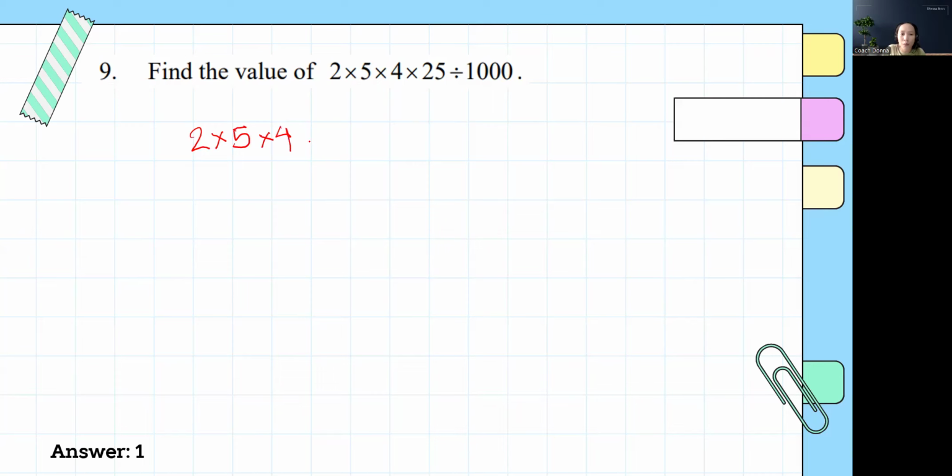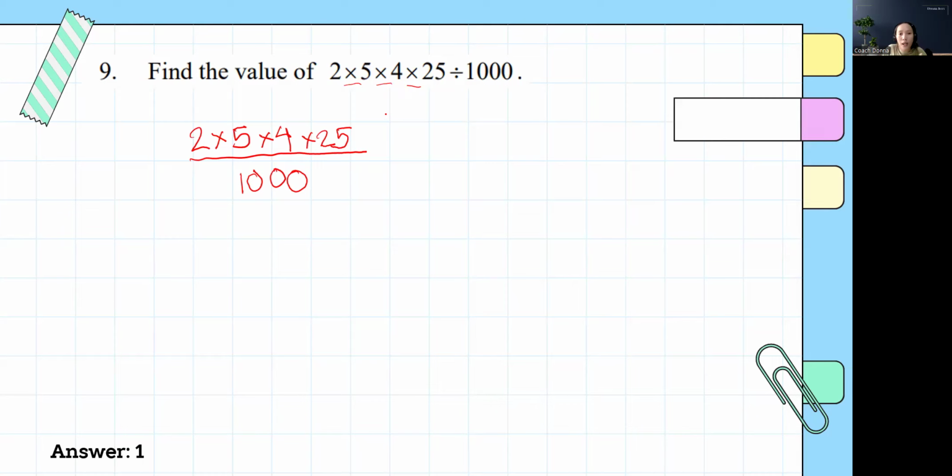2 times 5 times 4 times 25 divided by 1,000. Again, fractions are divisions. That's why we have here divided by 1,000. We express it here as divided by 1,000 in our expression, given that we only have multiplication on this side.